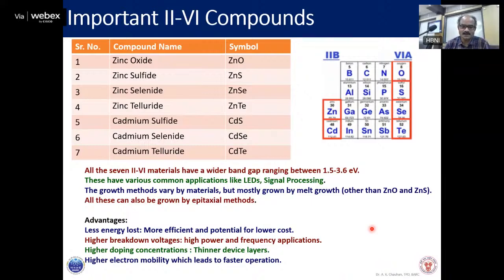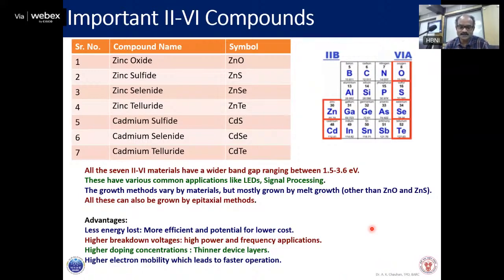So the advantages are less energy loss, more efficiency, potential for low cost, and higher breakdown voltages, which is the reason why these can be easily used in higher power and frequency applications.